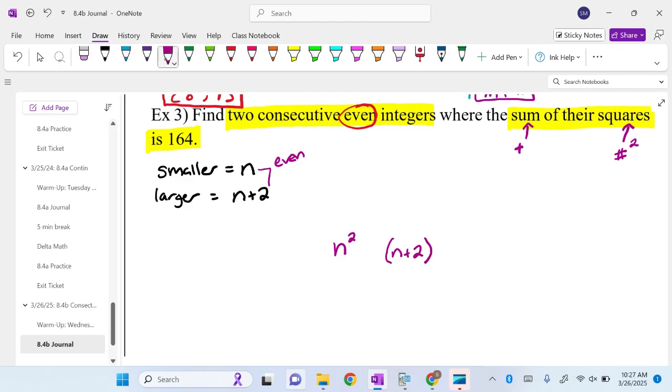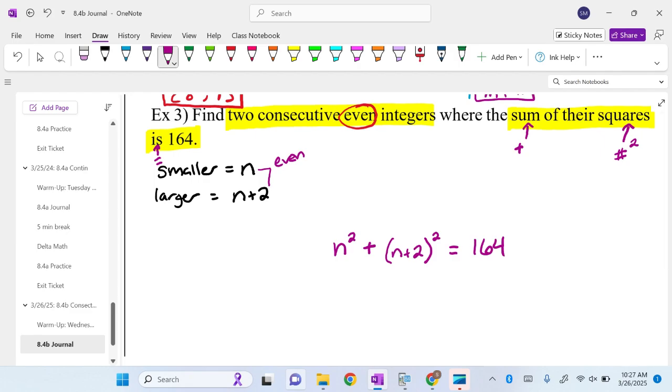So n plus 2 is in parentheses, and it's all squared. Now, it says I want the sum of those two squares. So what do I need to put between those two expressions? A plus. So we have one side of the equal sign. Is means equal. And this whole expression is going to be equal to what? 164. And just like that, we got our equation.